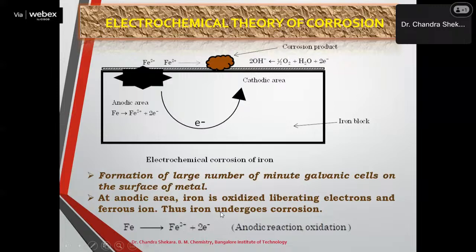And oxidation, that is corrosion. And corrosion occurs on the surface of the metal. Corrosion is a surface phenomenon. When the metal is exposed to the environment, the outer layer of the metal undergoes corrosion. Once the complete outer layer is corroded, then another layer of the metal is corroded. And corrosion of the metal occurs layer by layer.